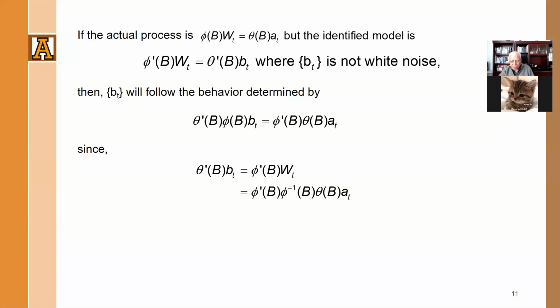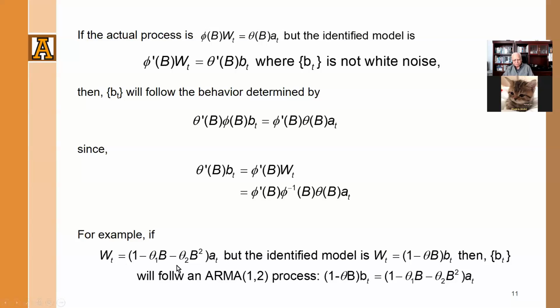Now let me share my iPad here to show you the rationale. We saw an example, right? If the model is this one, but we identified this model, that is, we identified an MA(1) model, but b_t is not white noise, then b_t will follow an ARMA(1,2) process that will be given by this: 1 minus theta B, b_t equals an MA(2) polynomial applied to a_t, and we can use that to correct.